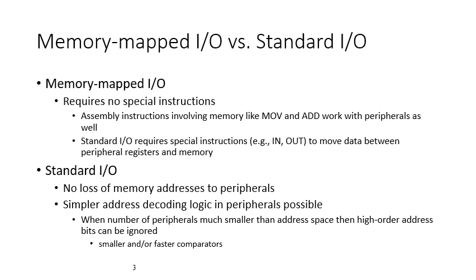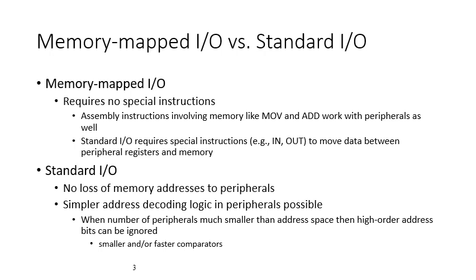Standard input output requires special instructions, for example in and out, to move data between peripheral register and memory. So there is a difference between these two: in one we require special instructions, in the other we do not.